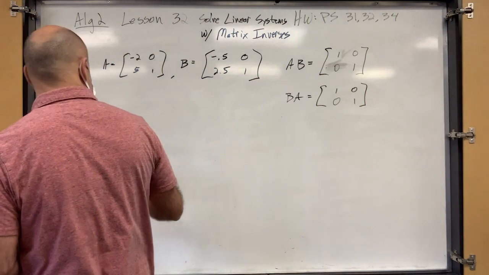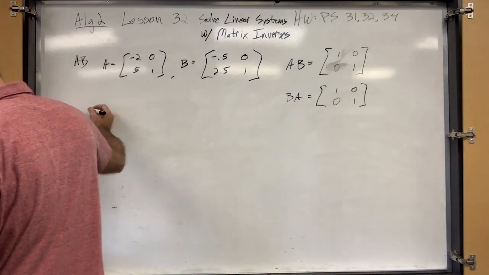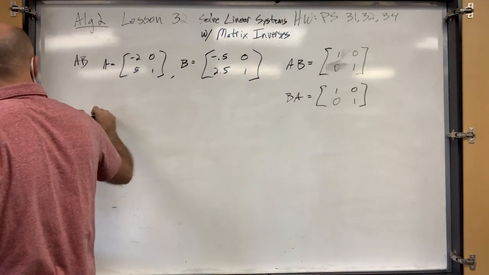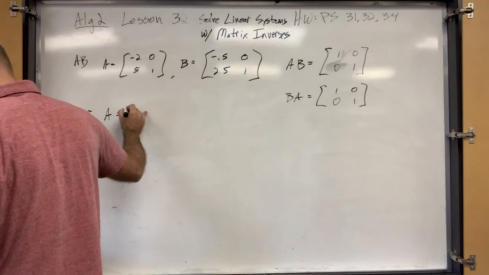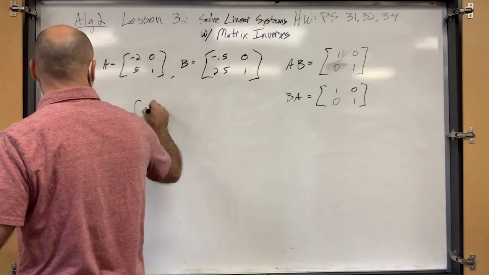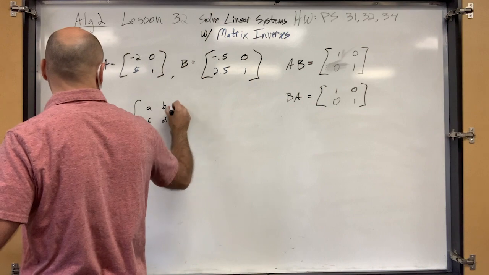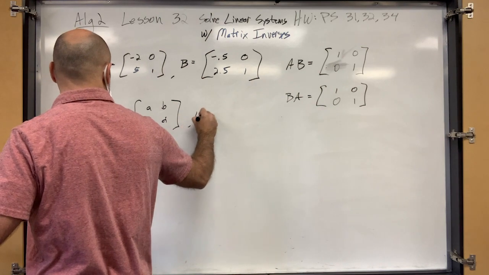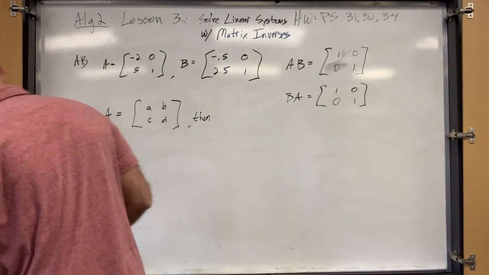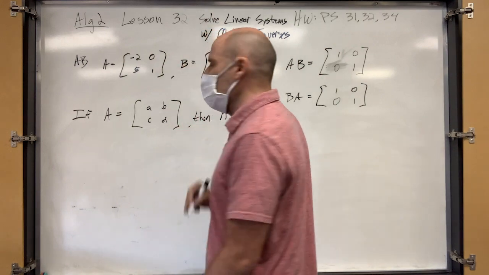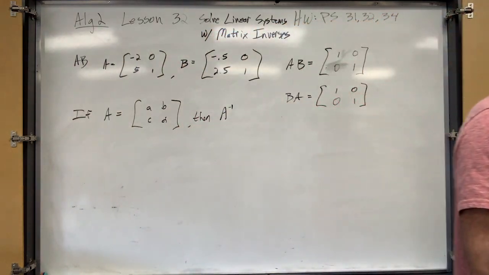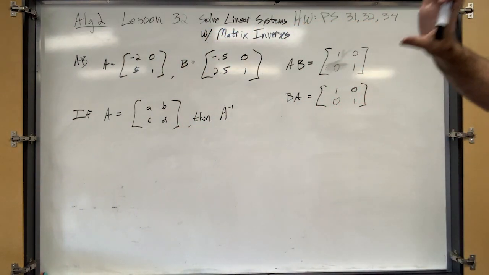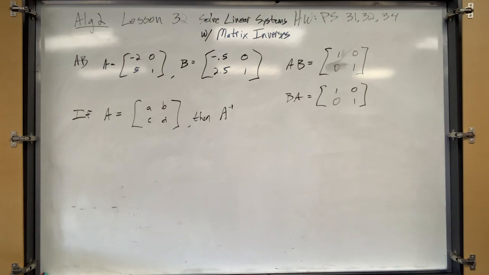This is the formula. So in a 2x2 matrix, if A equals A, B, C, D, then A to the -1, this is shorthand for the inverse matrix, because really what's happening, anything to the -1 power, you're flipping it over, right?